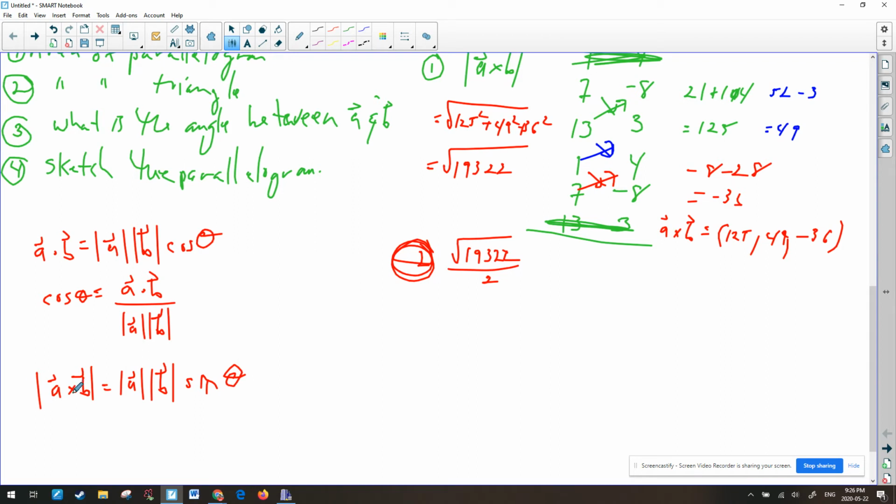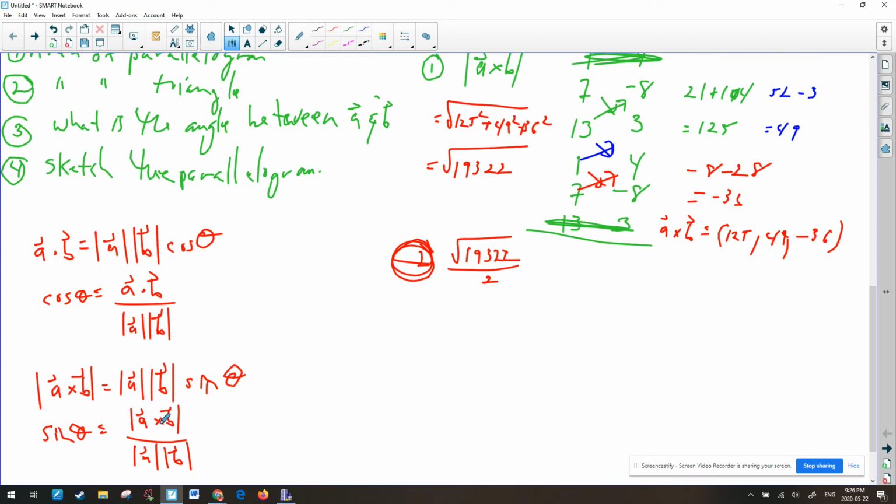So if I rearrange this, the sine of theta is equal to the magnitude of A crossed with B over the magnitude of A times the magnitude of B. In this case, this one ends up being easier because I've already calculated the magnitude of A crossed with B. This will also always work to find an angle for you.